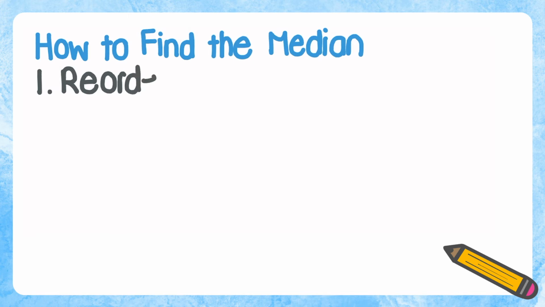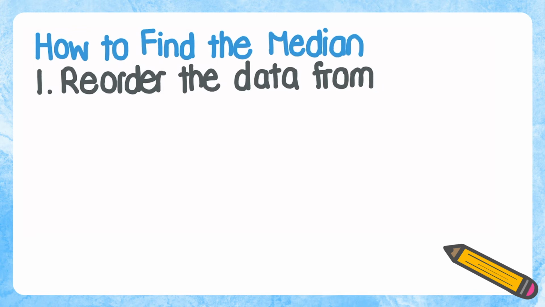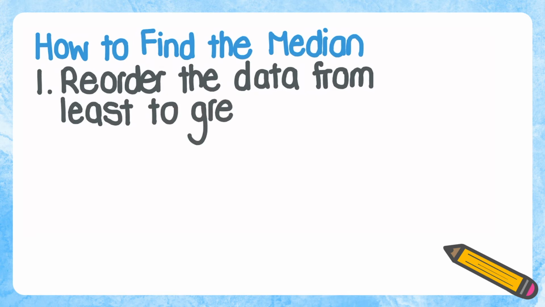So first, you are going to reorder the numbers. So you're going to reorder the data set from least to greatest. This is very important for when you find the median. So always remember to reorder the data from least to greatest.